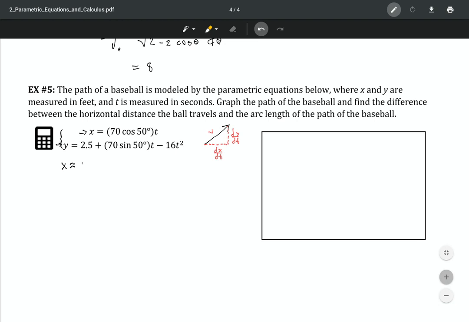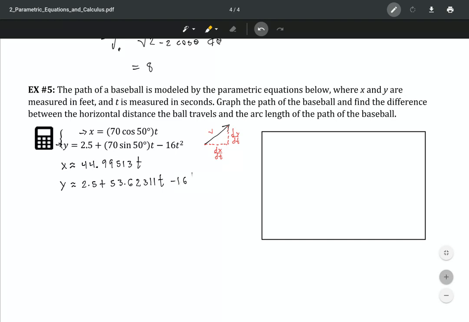So I'm just going to plug in 70 cosine of 50 degrees into my calculator, and I'm going to get a decimal for that. I'm going to go for 5 decimal places, just to stay as accurate as possible. And my y value now is going to be approximately 2.5 plus 70 sine of 50 degrees, which is equal to 53.62311 t minus 16t squared.